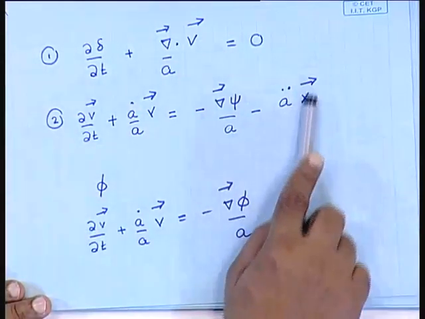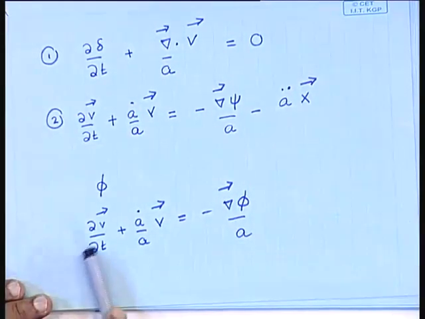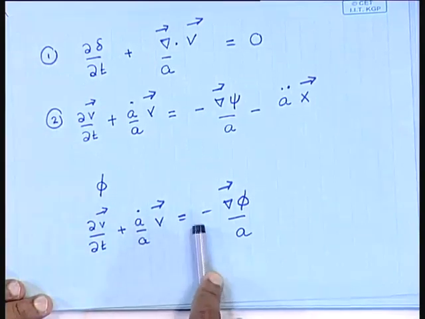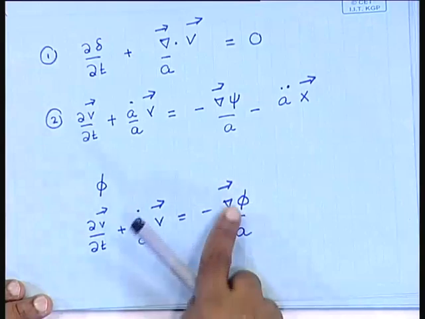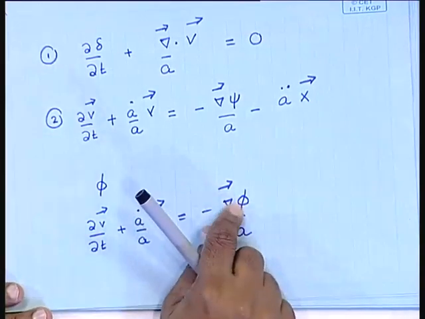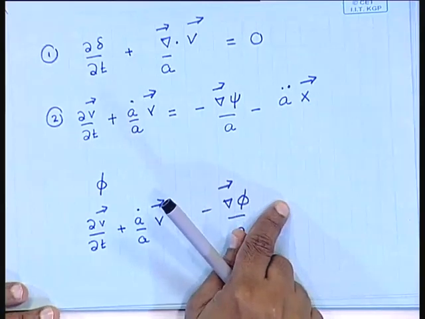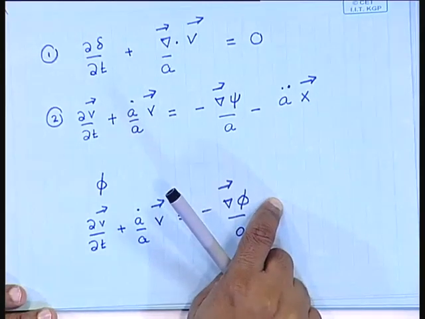The Euler equation can be written in this form: del v by del t plus a dot by a v is equal to minus grad phi by a, where phi is a new potential that we have introduced. The term arising from the pressure gradient was dropped because this term is important only on small scales, and the role of this term is to prevent the growth of perturbations. It makes them oscillate.